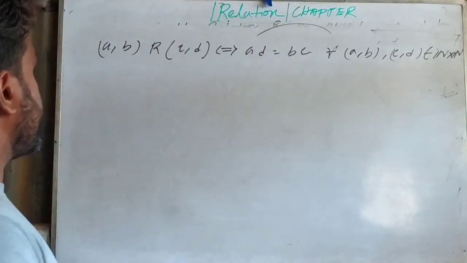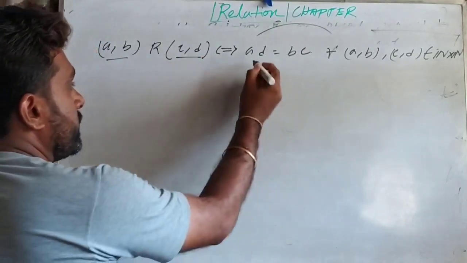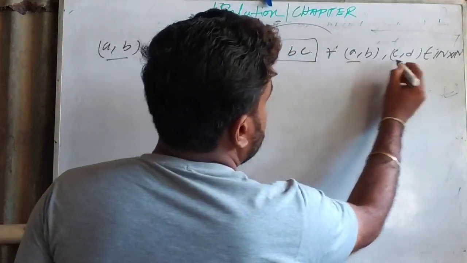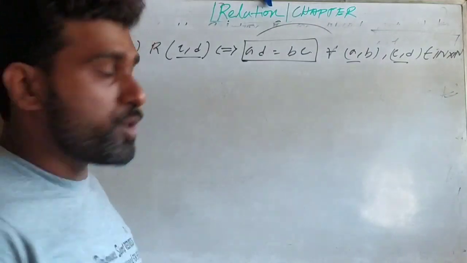Here A, B is your first element, and C, D is your second element. The condition is AD equals BC.